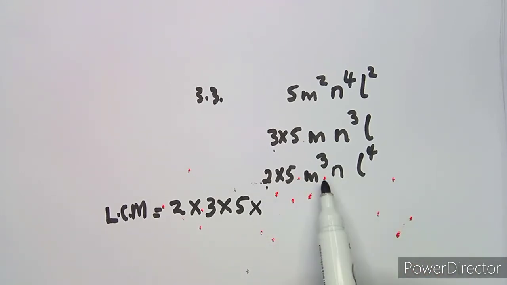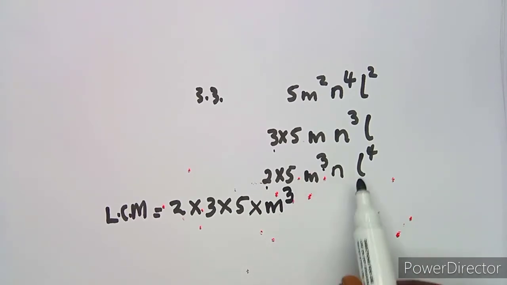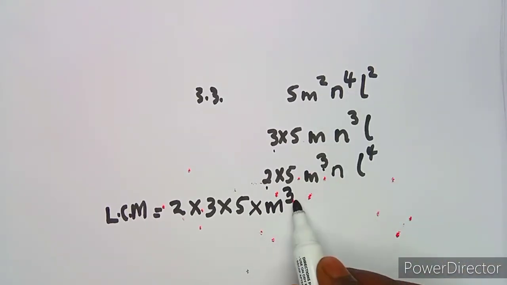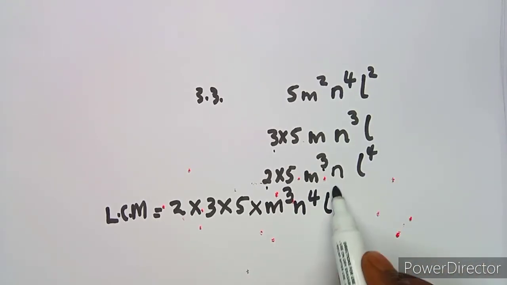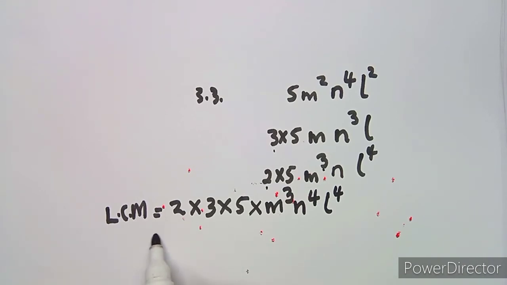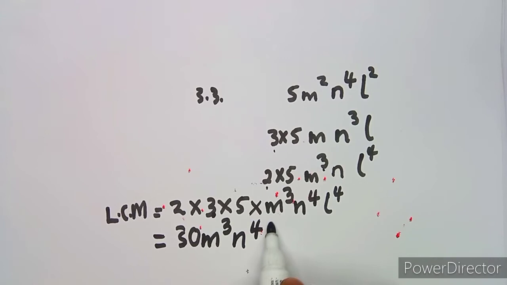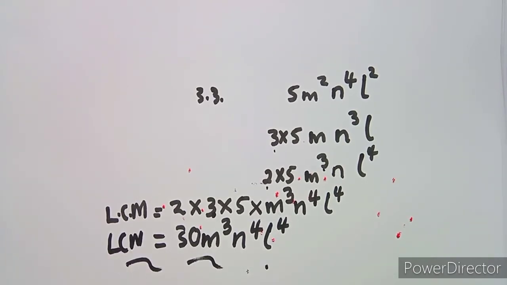So it's m to the exponent of 3, n to the exponent of 4, L to the exponent of 4. You can multiply these numbers: 2 times 3 is 6, times 5 is 30. So m to the exponent of 3, n to the exponent of 4, L to the exponent of 4 is going to be your LCM.